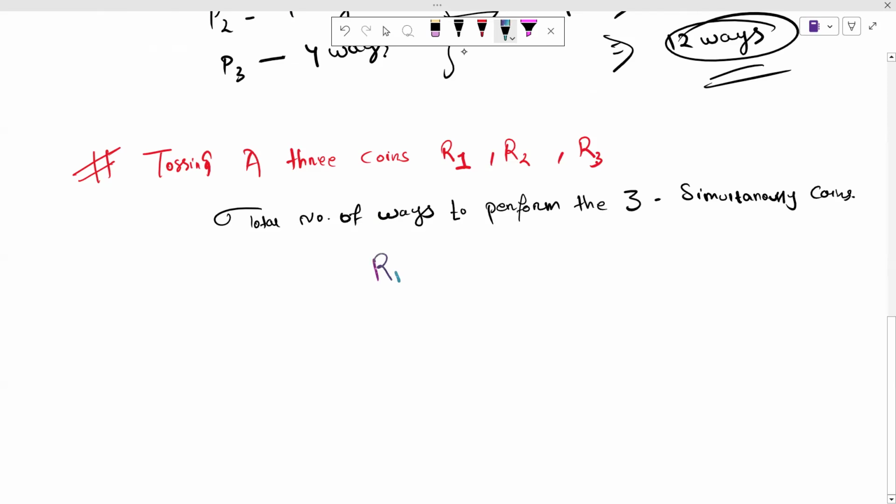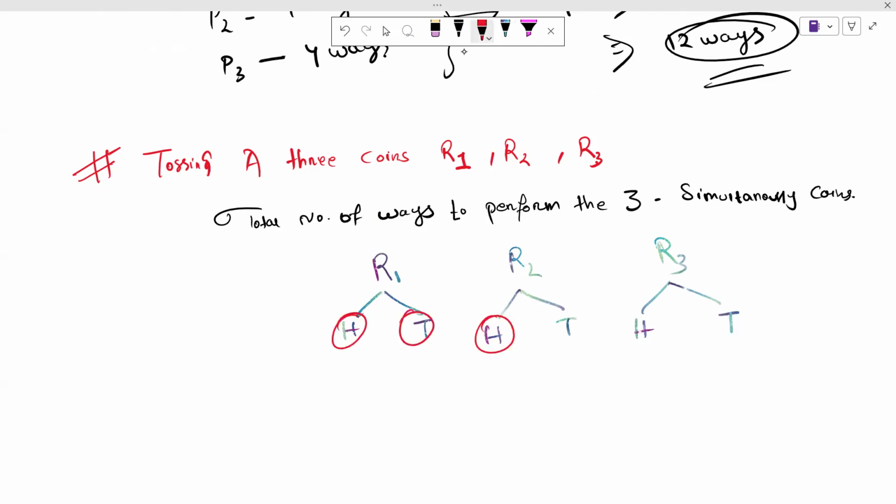Rupee 1 has 2 outcomes: head and tail. Rupee 2 has 2 outcomes: head and tail. Rupee 3 has 2 outcomes: head and tail. Each coin has one head and one tail.